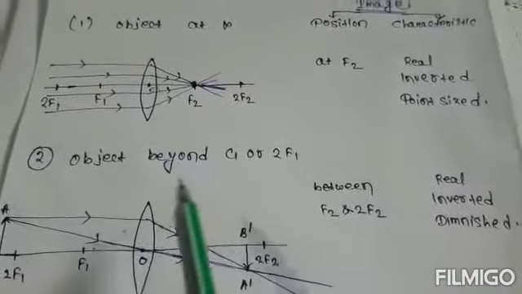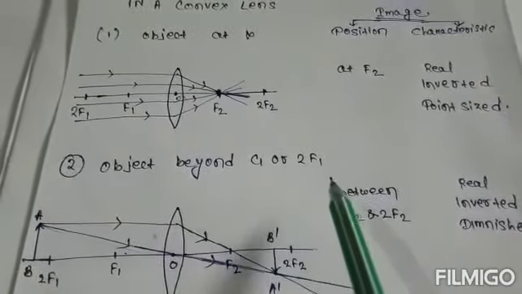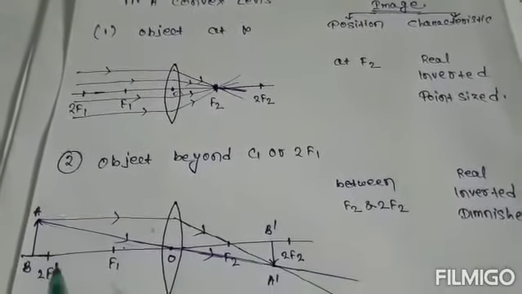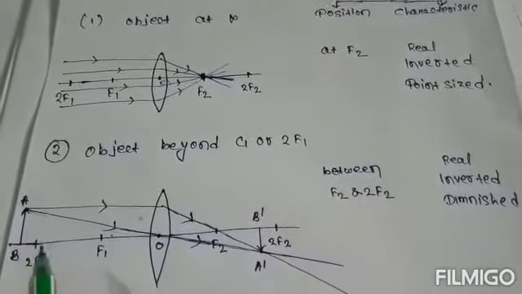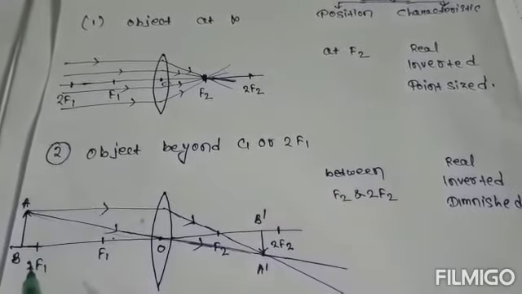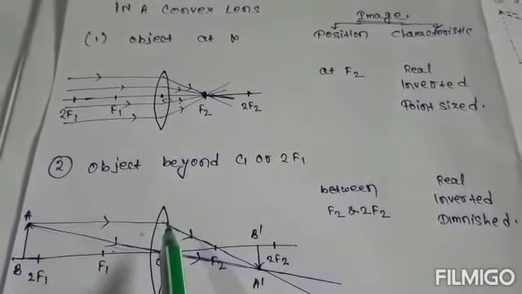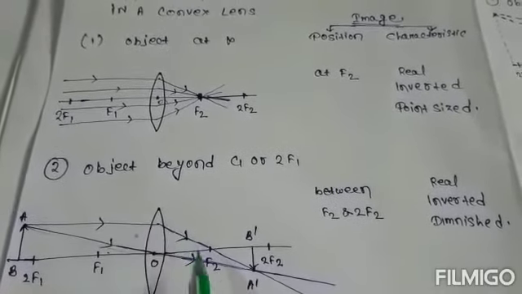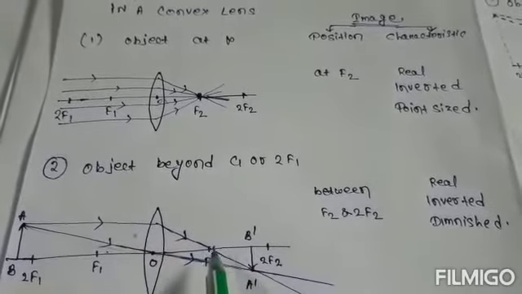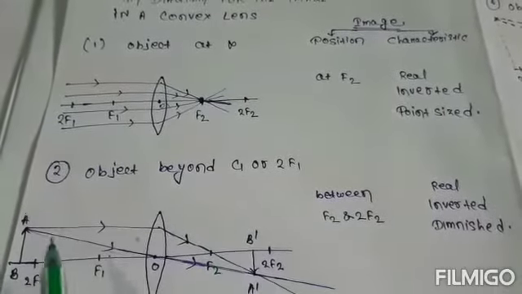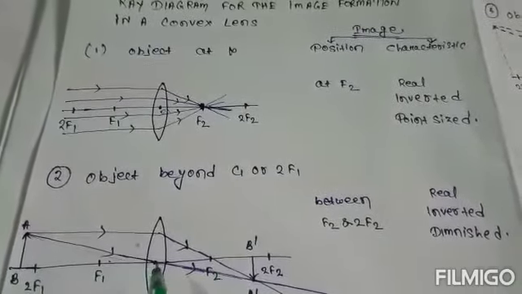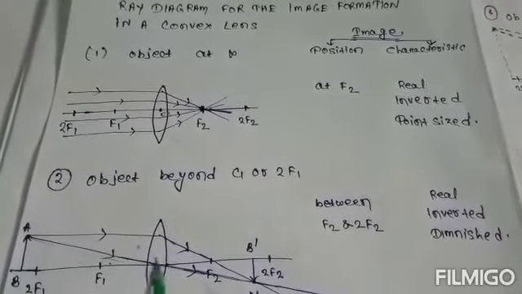Then in the second case, the object is beyond C1 or 2F1, that means beyond the center of curvature. Here we consider one ray parallel to the principal axis. After refraction it passes through F2, the other focus, and one ray passes through the optical center.